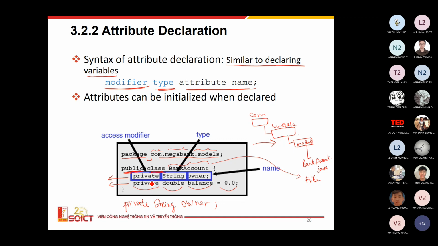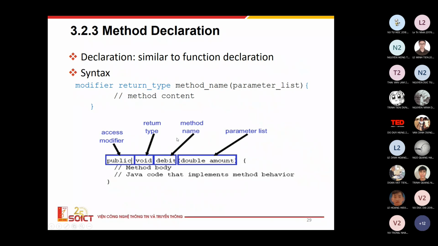So this is how you declare the attribute. Remember to add the modifier. And for the method, you declare it the same way as a function or a method. You have the method name, and then the parentheses. Inside the parentheses, you have the parameter list, danh sách tham số.